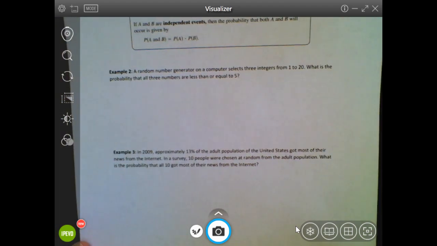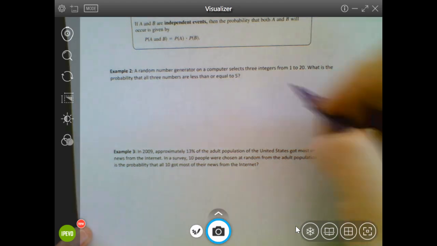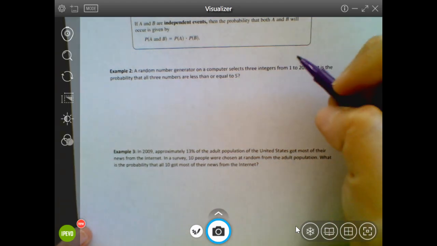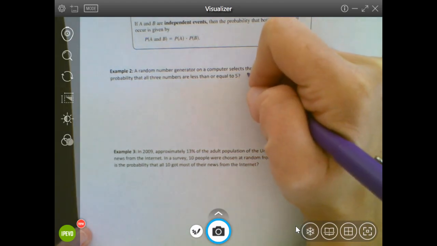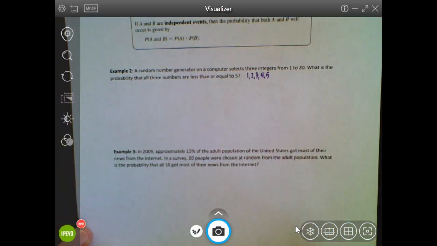Example 2 is telling us a random number generator on a computer selects 3 integers from 1 to 20. We want to know the probability that all 3 numbers selected are less than or equal to 5. The numbers less than or equal to 5 in this set could be 1, 2, 3, 4, or 5.